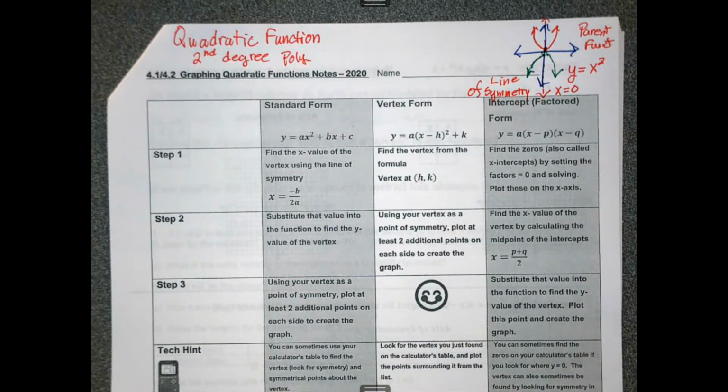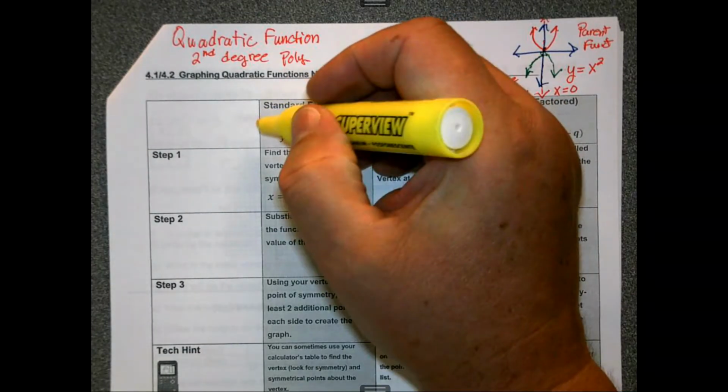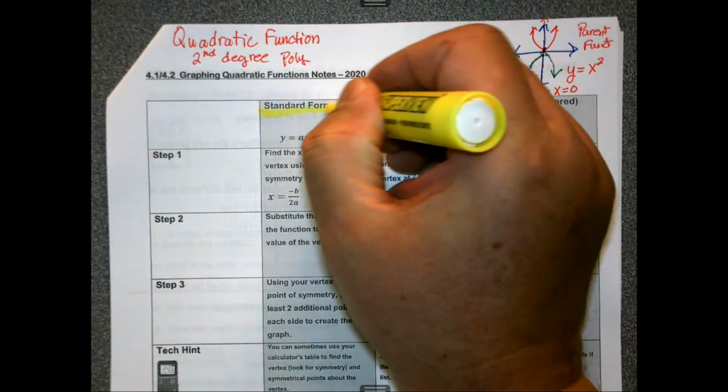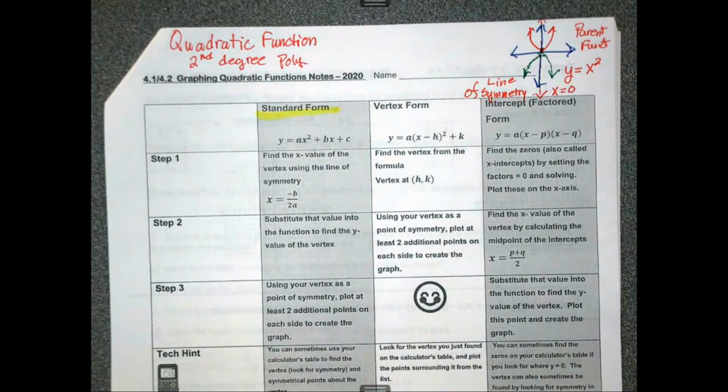Okay. The first form we're going to be looking at is the standard form. Okay. And we worked with this. I spoke about it when we were doing some factoring, right?